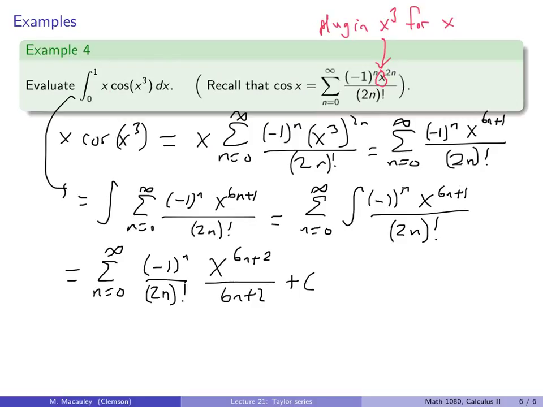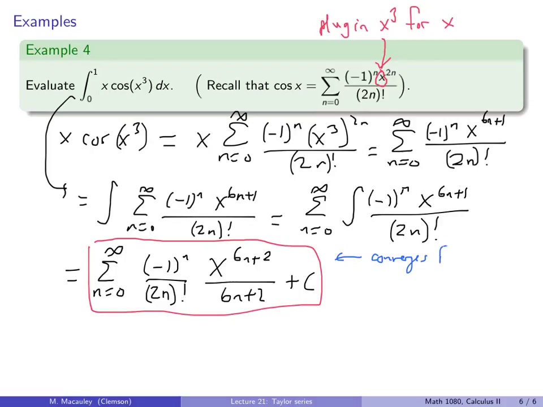So this is the value of the indefinite integral. And this thing converges everywhere, for all x, since the original series does.